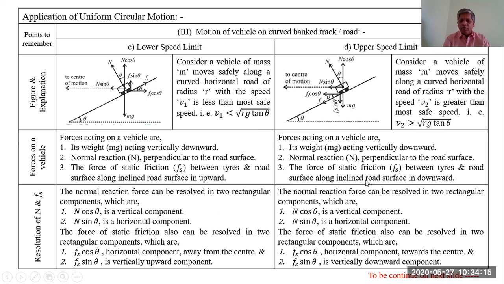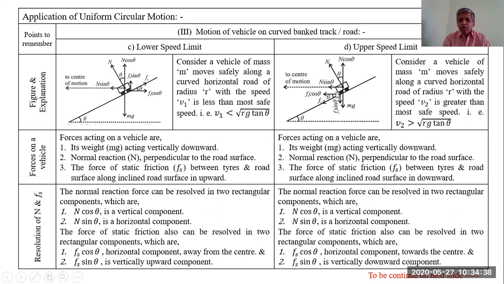That is the only difference. Now, the components N cos theta and N sin theta here are the components of the normal reaction, and Fs cos theta and Fs sin theta are the components of the force of static friction.